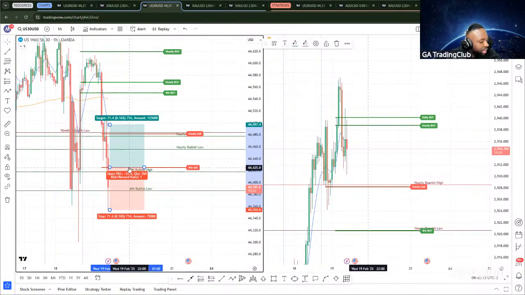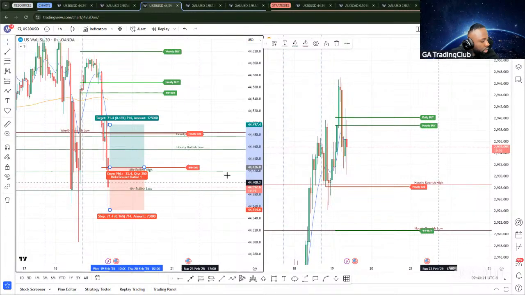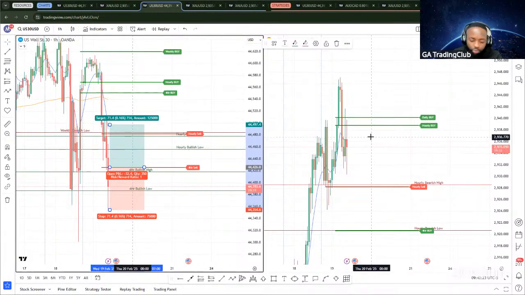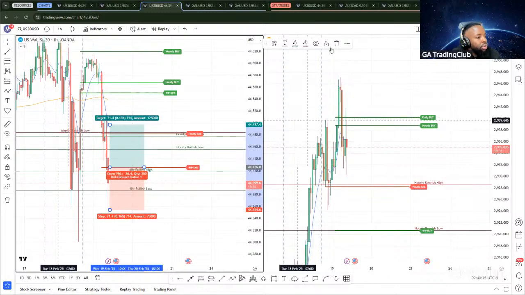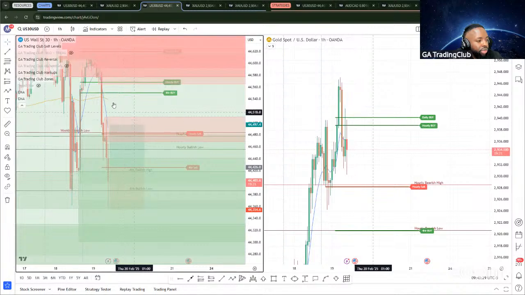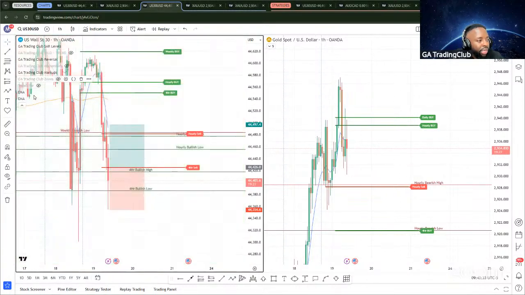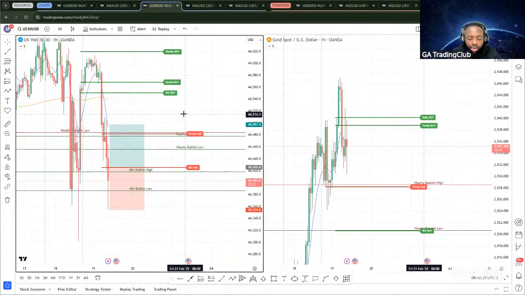However, you can see that we are in a zone of overlapping supply and demand. So you can see within this green zone, we have that red zone. So we don't want to be trading in a zone where supply and demand zones are overlapping.